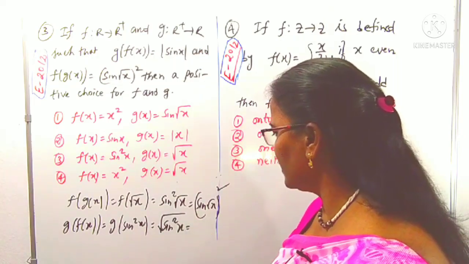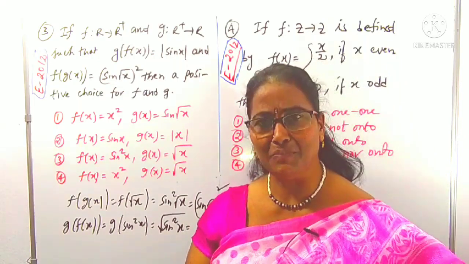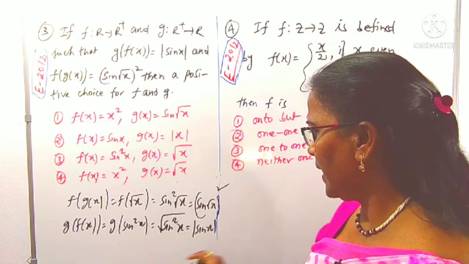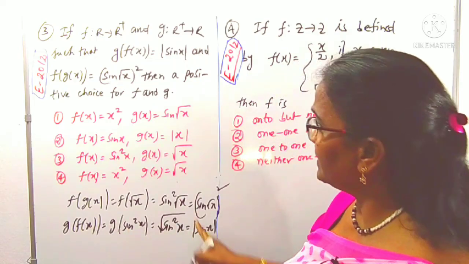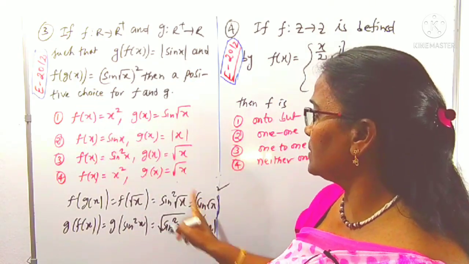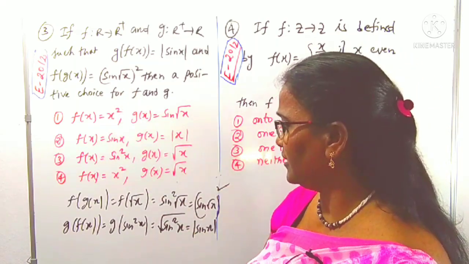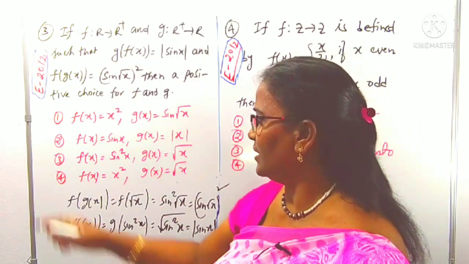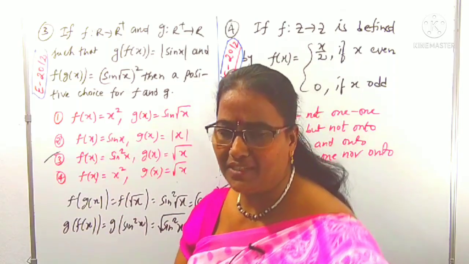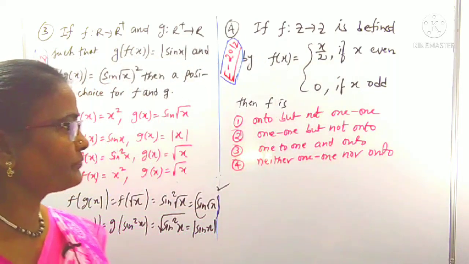Root over sine square x means plus or minus, in the sense mod sin x. So g of f of x is mod sin x. Is it true? And f of g of x is sine root x whole square, which is also true. Therefore 100% the third option is clearly correct. Like that we have to use verification. Clear? Now we can consider the next question.